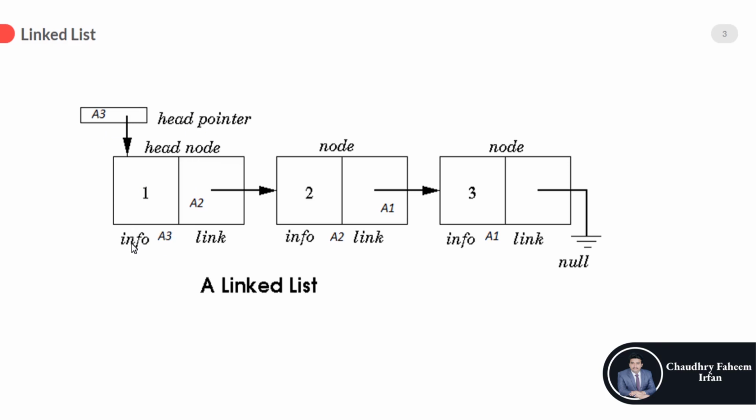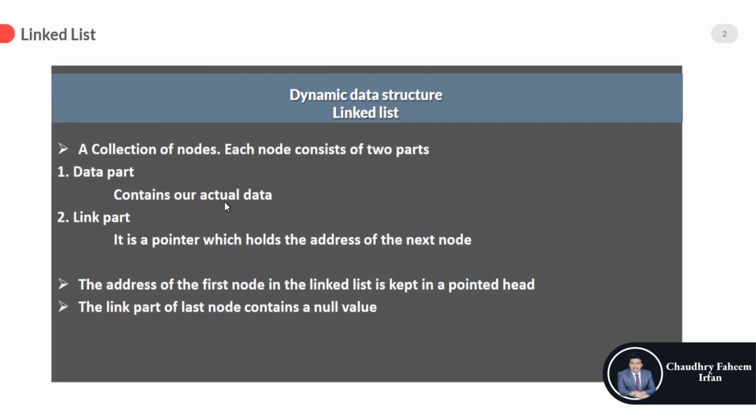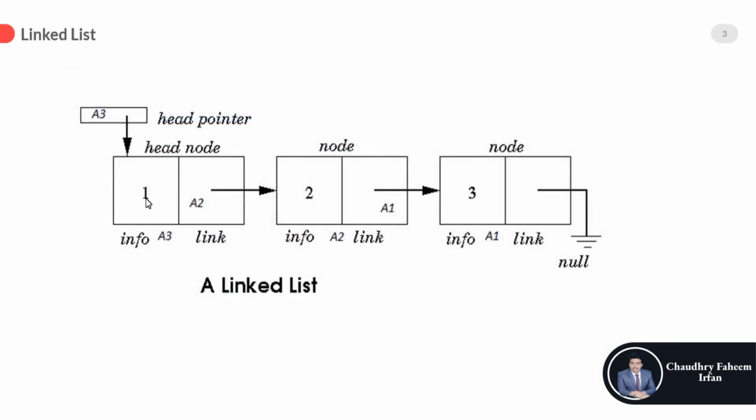In the head node, the first part, which is the data part, according to our definition, contains our actual data, here 1, and the link part is a pointer type variable that stores the address of the next node, which is A2.